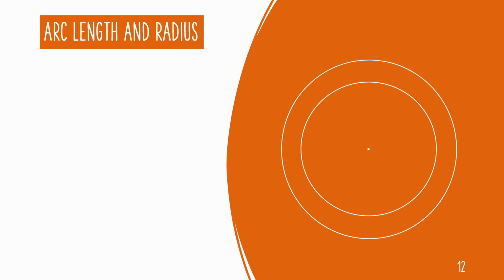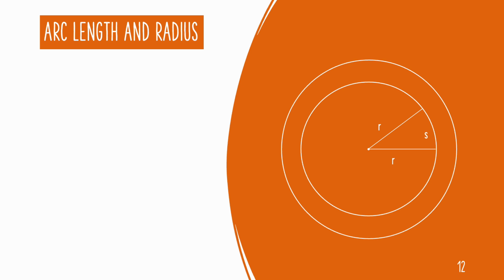Okay, we are moving on to arc length and radius. So I have two concentric circles. That just means two circles with the same center. And we have the first circle of radius r, and I'm going to draw another line of the same length, so radius r. The arc that it makes, let's call it s.